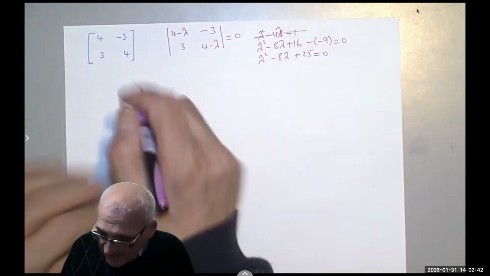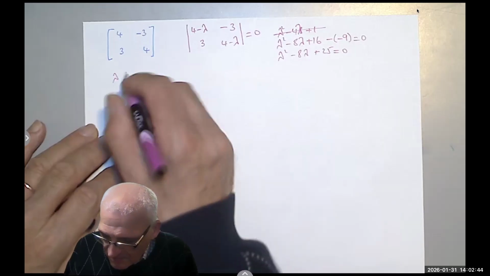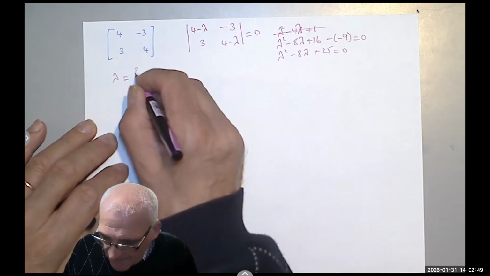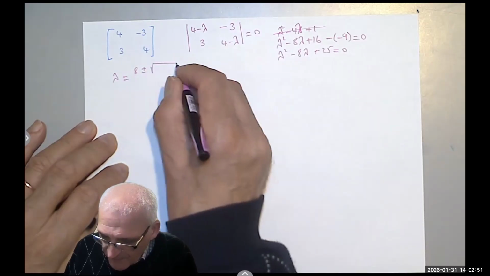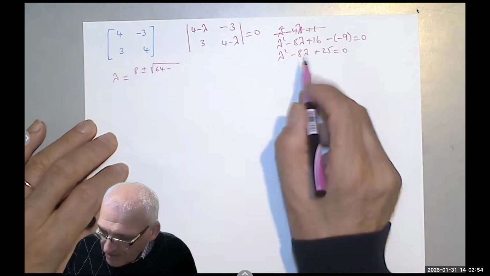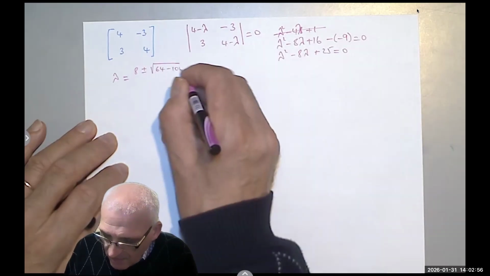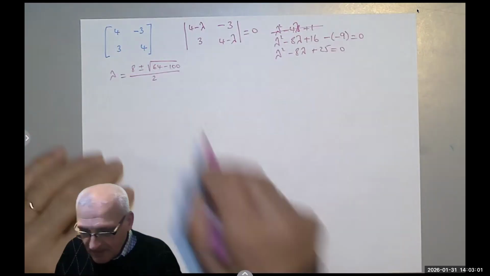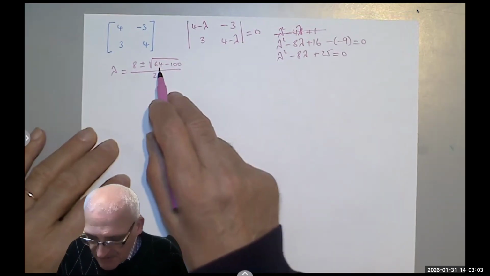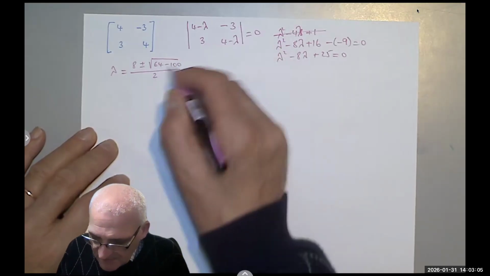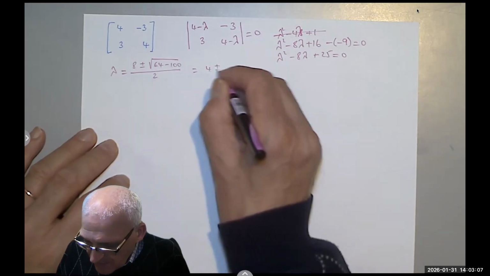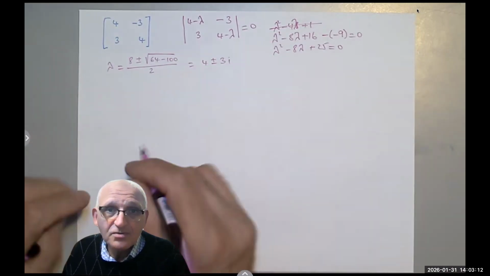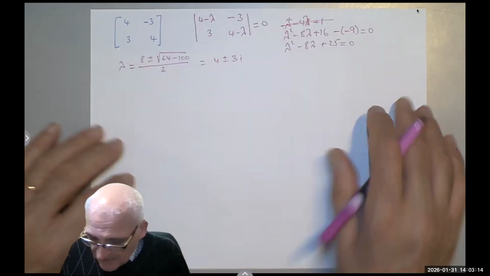And when we solve for lambda, you can use the quadratic formula, -b plus or minus the square root of b squared minus 4ac over twice a. This is the square root of -36, so it's 6i. Divide these by 2, you get 4 plus or minus 3i. Okay, so these are the two eigenvalues.